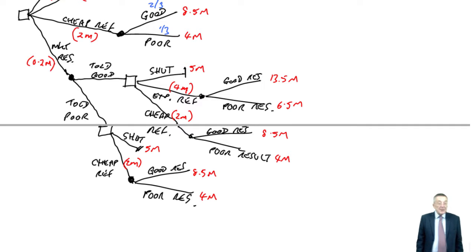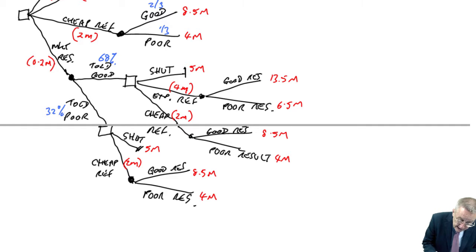There's a 68% probability they'll tell us it's good. And therefore, surely 100 minus 68, a 32% probability the answer will be that it's going to be bad. But we're not finished yet.